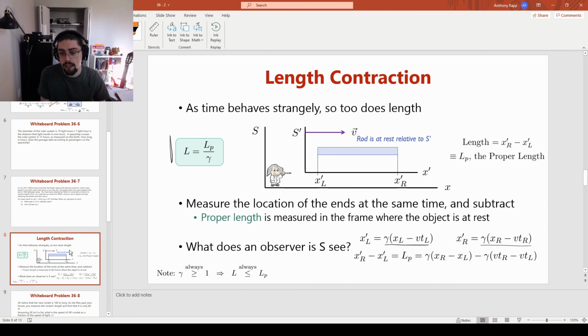And what we find is that anybody not in the frame of the object actually sees the object as being shorter. So the person on the rocket as it's moving is going to measure the longest length. But if we're outside of the rocket watching that rocket, we imagine this thing actually kind of shrunk down a little bit. And that's kind of a cool effect as well.